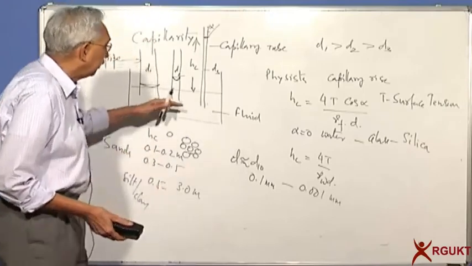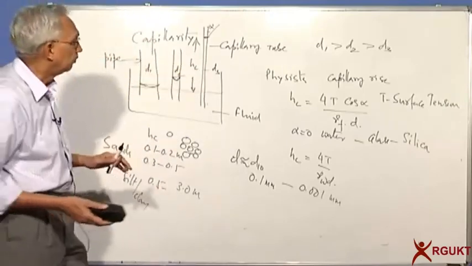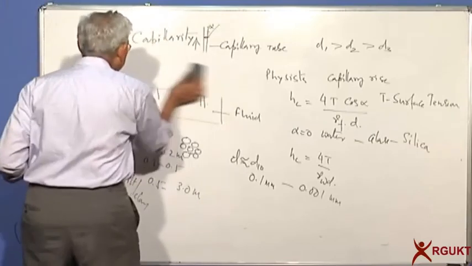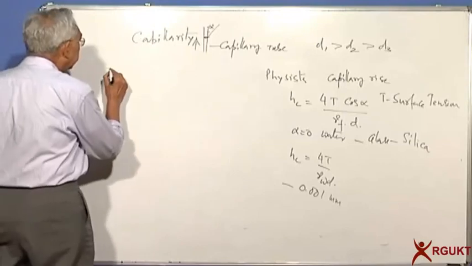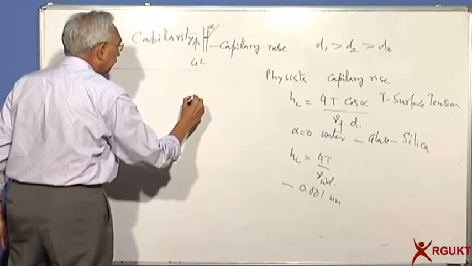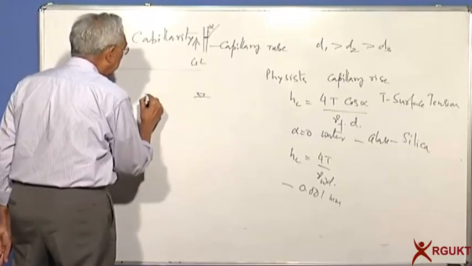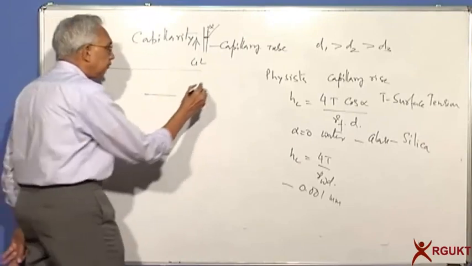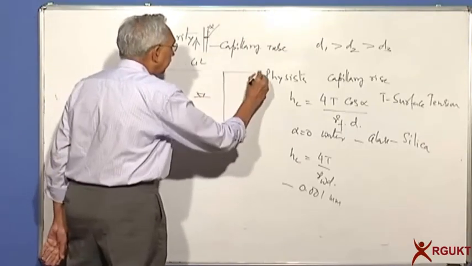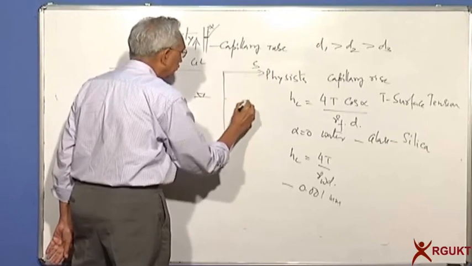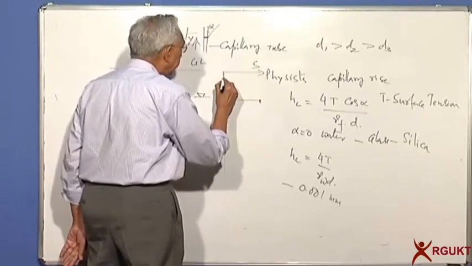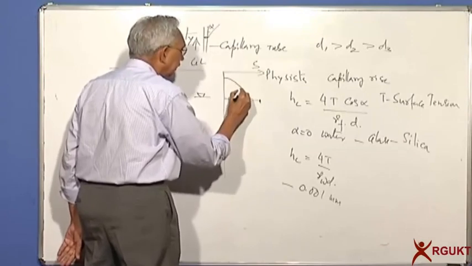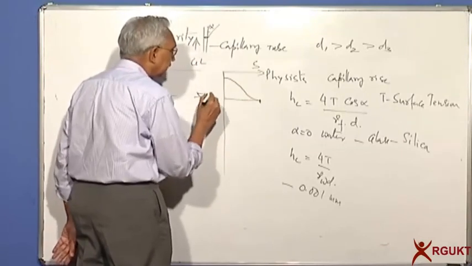So above the water table, you will find some water. Now let's look at capillary rise in soils. Here is the ground level and here is the groundwater level. If I plot, let's say, degree of saturation, obviously it's 100% here, and it will be something like this.